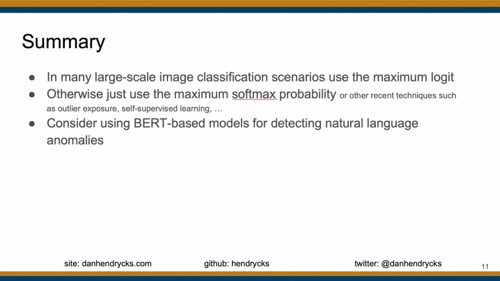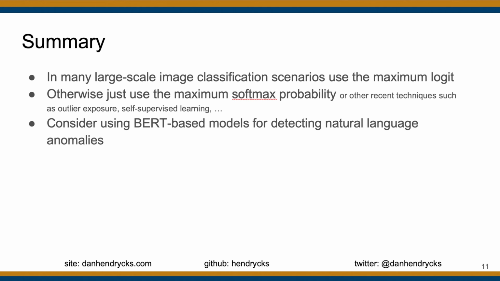If you're not having to classify one of, say, 1,000 classes with your image, then maybe the maximum softmax probability will be suitable for you. I should note that throughout this presentation, I didn't talk about some more cutting-edge techniques, such as, say, outlier exposure, because those require more implementation and are still somewhat newer in the research field.